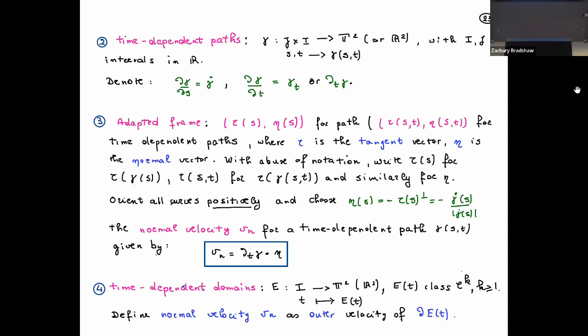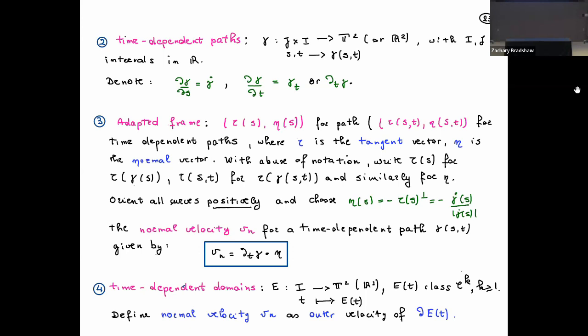Okay. So we will have an adaptive frame. So there will be a tangential vector tau and a normal vector eta. Of course, I will write them as functions of the parameter along the curve. Of course, they're really functions of the point along the curve given by the parameterization.